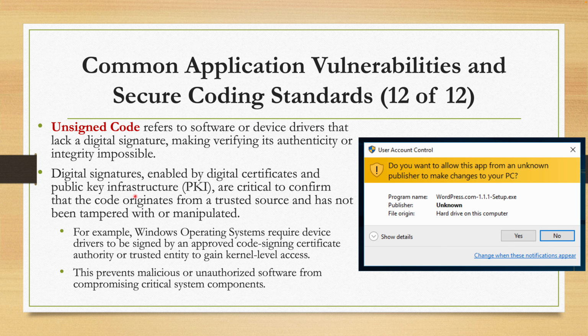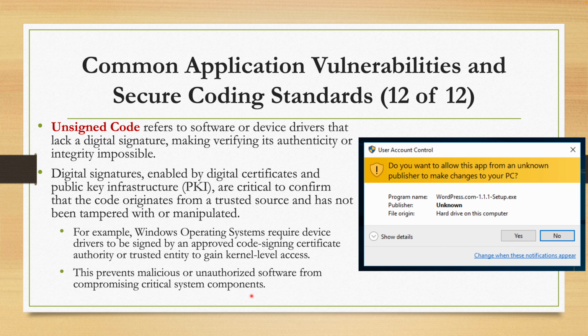These are very important to confirm that the code originates from a trusted source and has not been tampered with or manipulated. For example, the Windows operating system requires device drivers to be signed by an approved code signing certificate authority or trusted entity to gain kernel level access. This prevents malicious or unauthorized software from compromising critical system components.